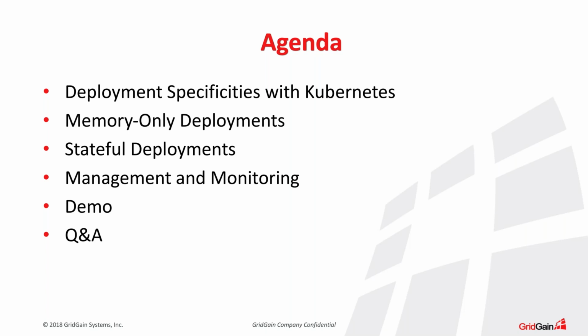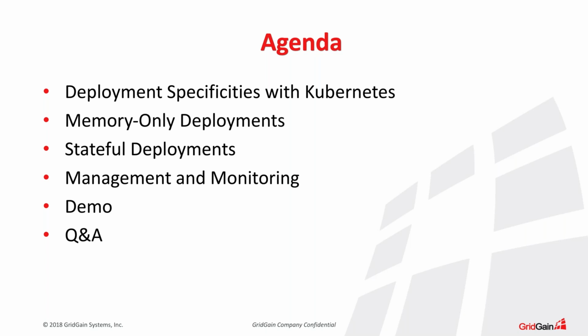First, we are going to check distributed databases' deployment specificities within Kubernetes. Then, depending on whether you're going to deploy a stateful or stateless storage in Kubernetes, there are different techniques for doing the first or the second.